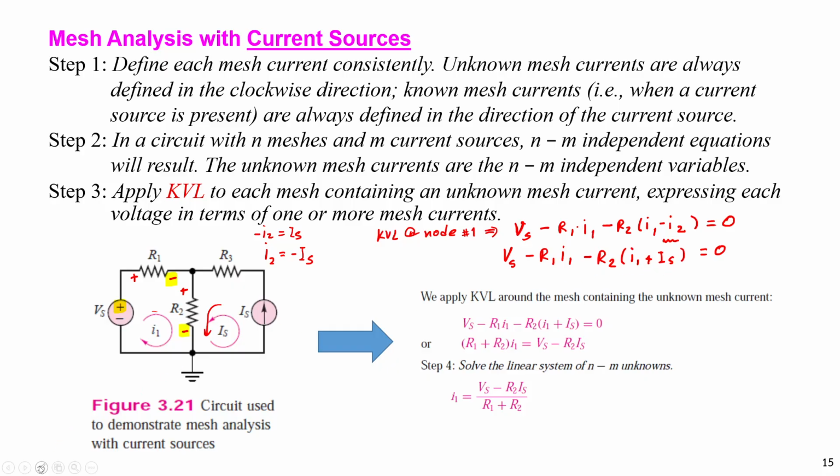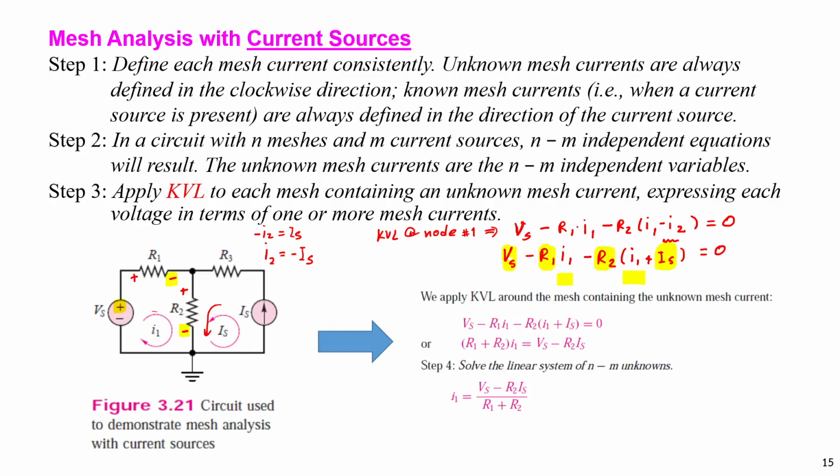If we know Vs, we know R, and if we know Is, we just solve for I1 in a single equation. Just rearrange your equation, or just substitute the value we know and solve for I1.